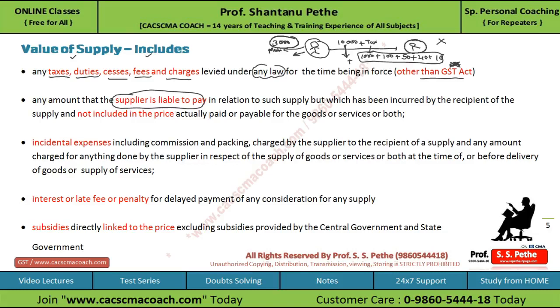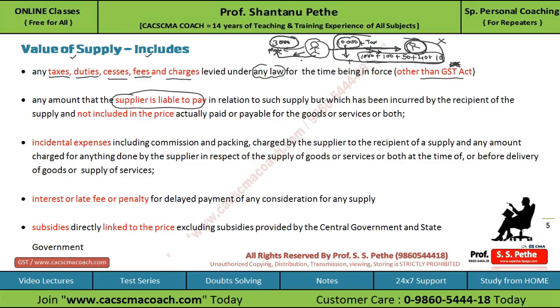So the supplier is supplying these goods to the recipient, who is ready to pay 10,000 plus whatever charges are there, and also the recipient is discharging the liability of the supplier, that is of 3,000 rupees, which is not included in the price.